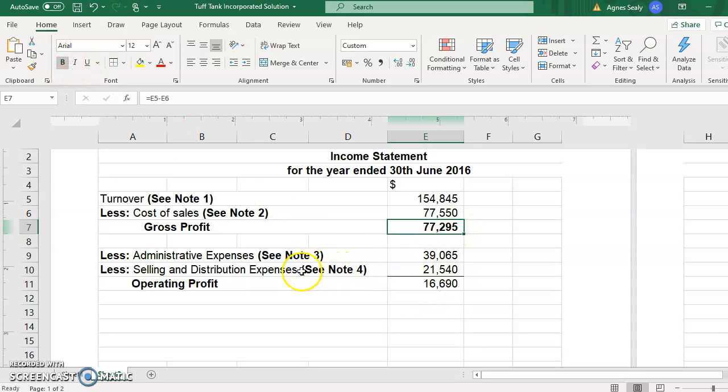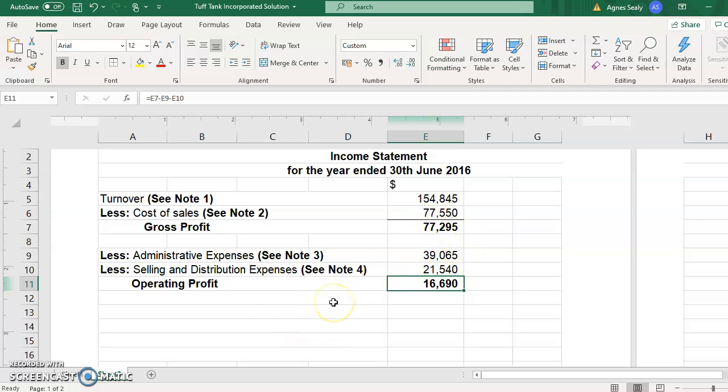And from our gross profit we subtracted our administrative expenses and our selling and distribution expenses, which gave us an operating profit of $16,690. Remember, these figures here were subtracted from the gross profit.